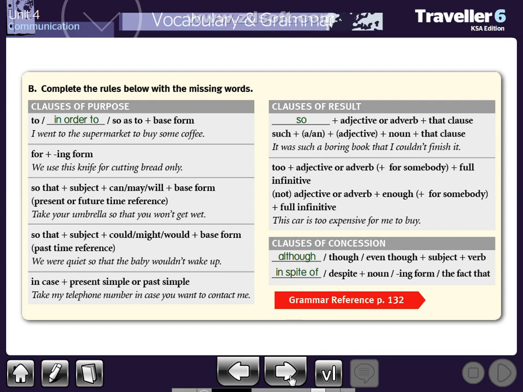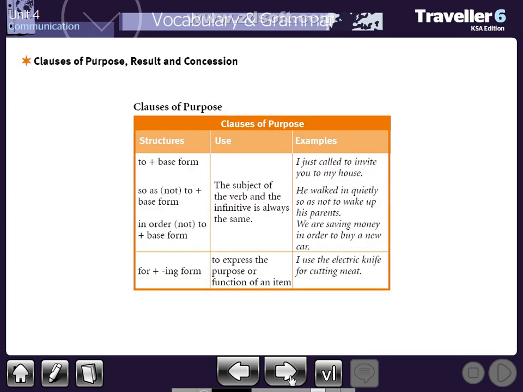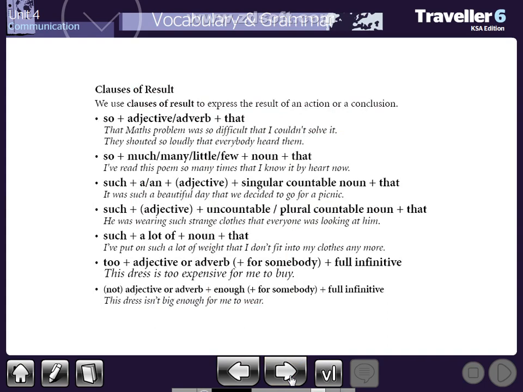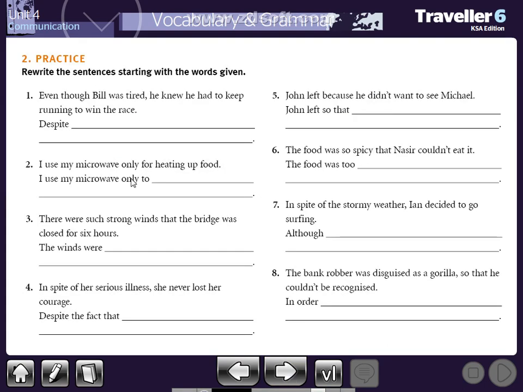Let's turn to questions on student's book, page 45. Rewrite the sentences starting with the words given. Even though Bill was tired, he knew he had to keep running to win the race. Despite. What's the difference between despite and even though?